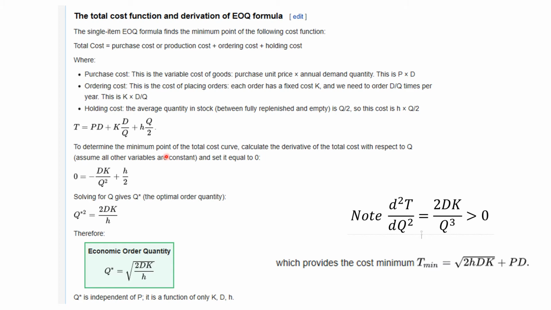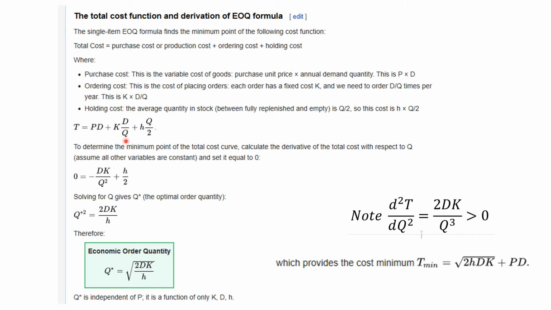Now, to determine the minimum point on the total cost curve, and think about that, the variable here is Q, how many we order at a time, we calculate the derivative of the total cost with respect to Q. All other variables are constant, and we're going to set this equal to 0. Now, when we take the derivative of P times D, there is no Q, so the derivative is going to be 0.